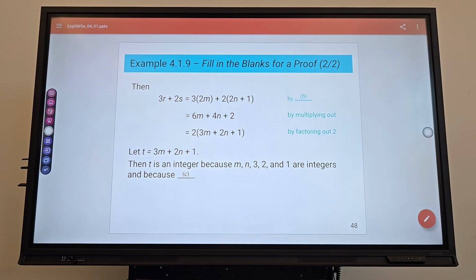Let t equal 3m plus 2n plus 1. Then t is an integer because m, n, 3, 2, and 1 are integers, and because addition and multiplication are closed on integers.